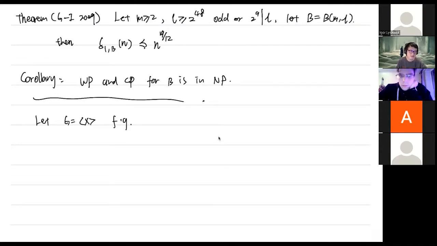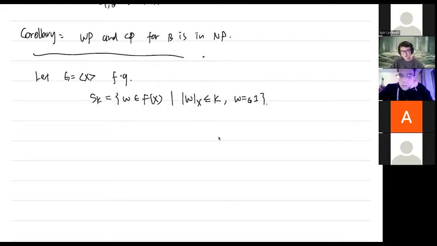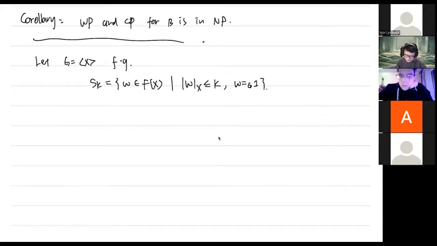Now we think about approximating the whole group by partial relations. We define S_k to be the set of all words in the free group generated by the generating set such that the length of the reduced word is bounded by k and the element is equal to 1. So we consider all possible relators of radius k.